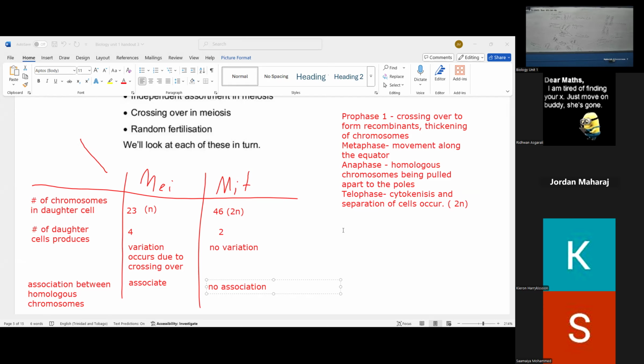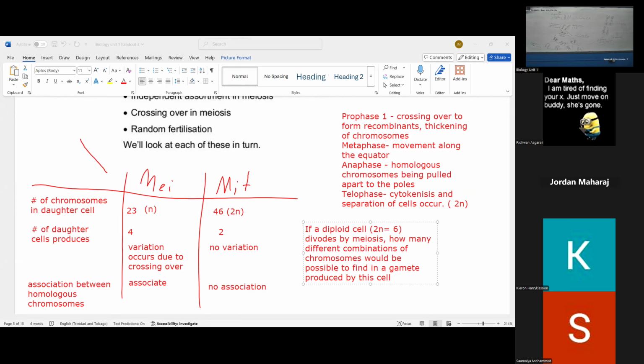For example, if you're given a question like: if a diploid cell, 2n equals 6, divides by meiosis, how many different combinations of chromosomes would be possible to find in a gamete produced by this cell?